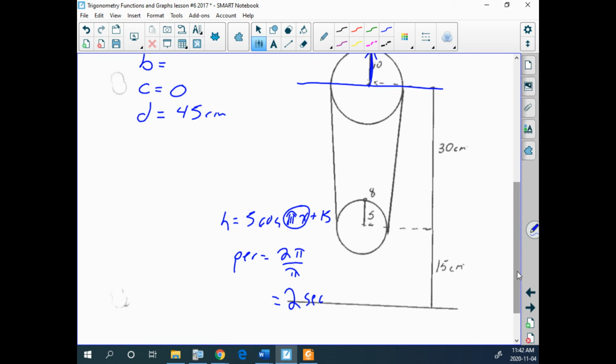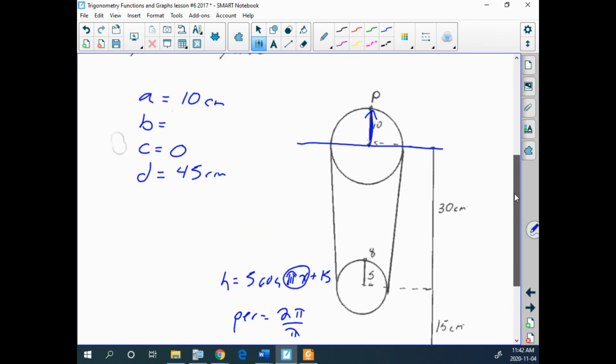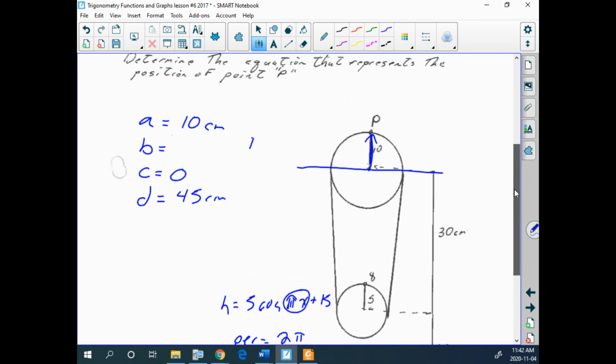Because we are able to find the B value from the bottom graph, therefore the period up here is equal to 4 seconds.